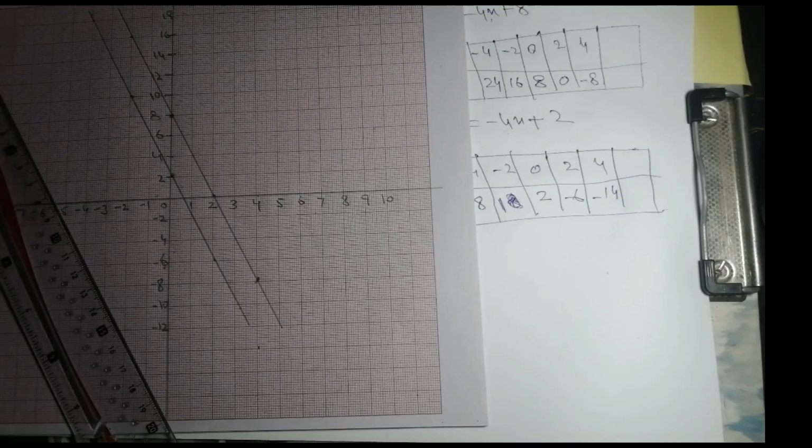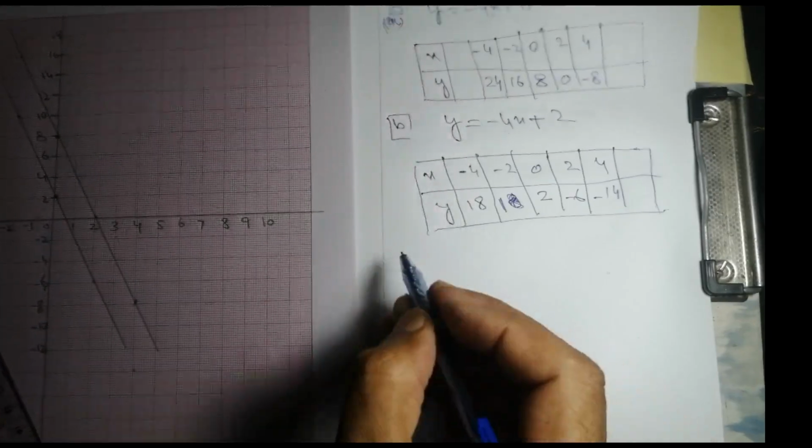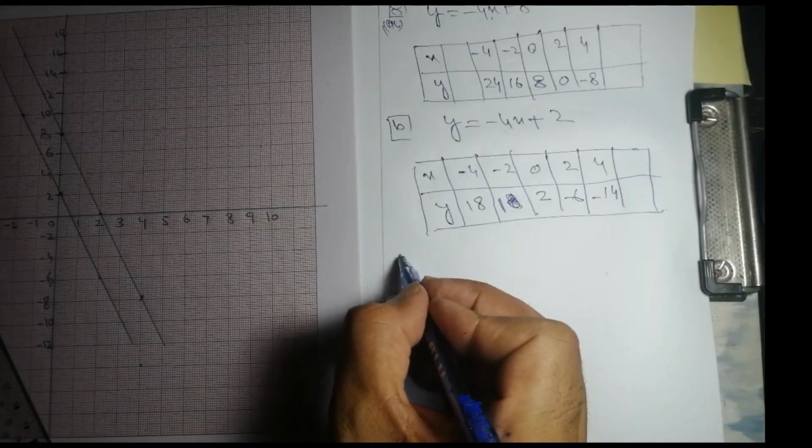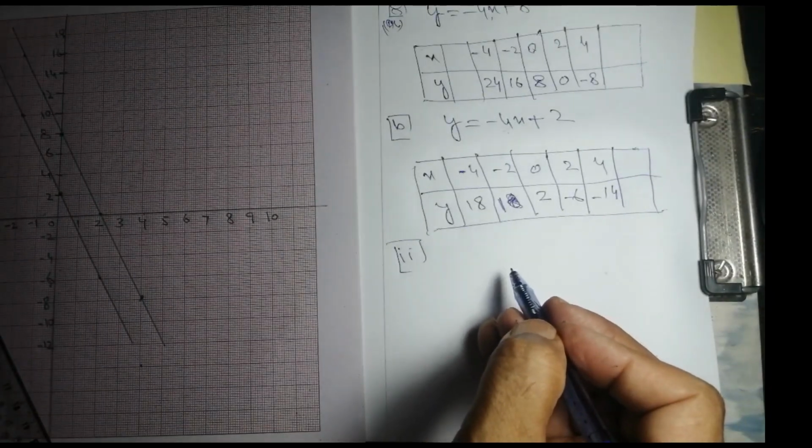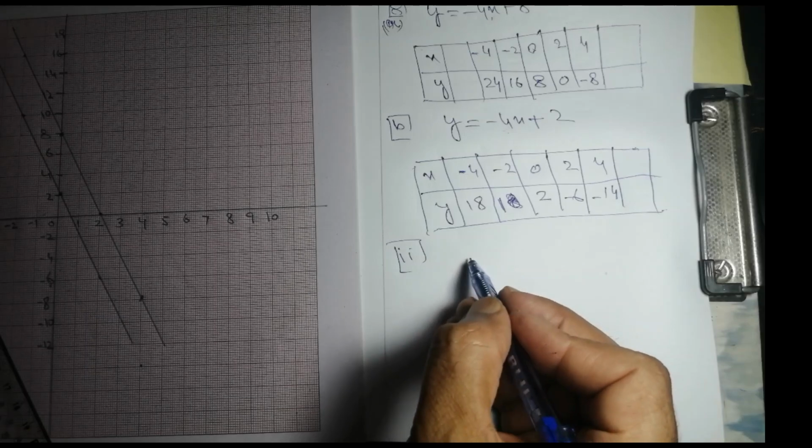So we can write any number of, for example, part 2, whose graphs are parallel.